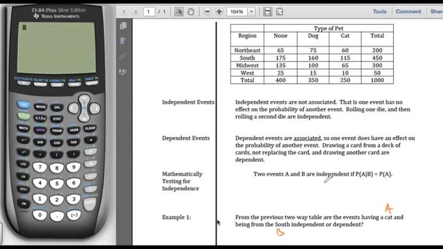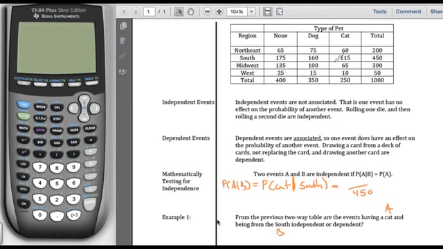So for this first probability, the probability of A given B will be the probability of having a cat given the person is from the south. So given from the south, it narrows down the sample space to 450. Not everybody is from the south in the survey, only 450.